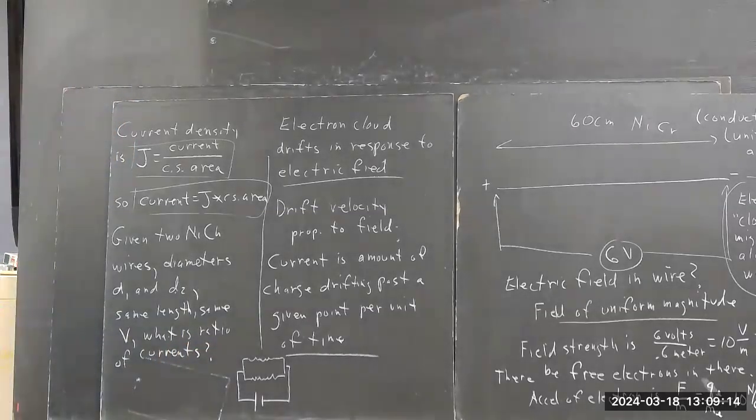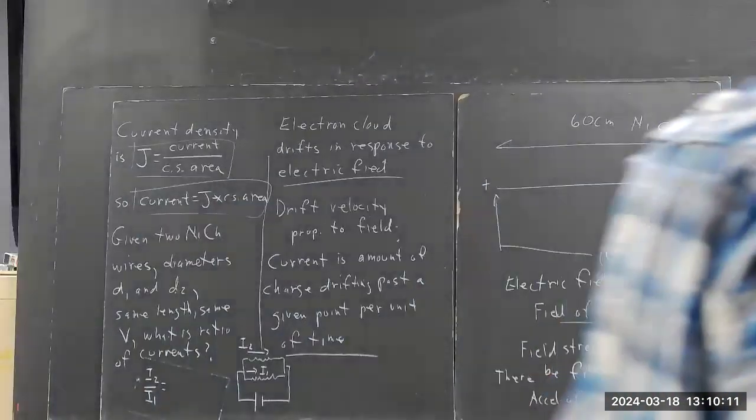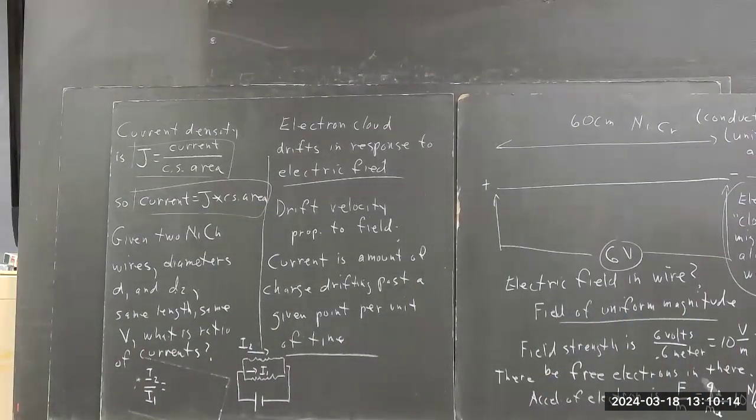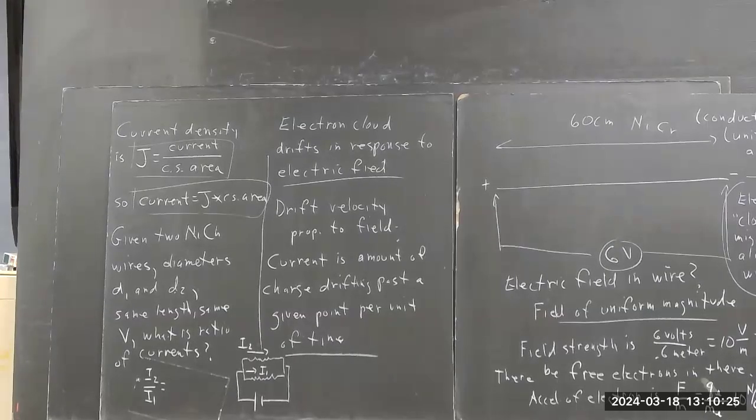What's going to be the ratio of the currents? It'd be D1 over D2, could be. Whichever one has the thicker diameter would have less current. Well, you don't have to make a decision about which one's bigger. If you want to do I2 over I1, it's what it is. That sound right?